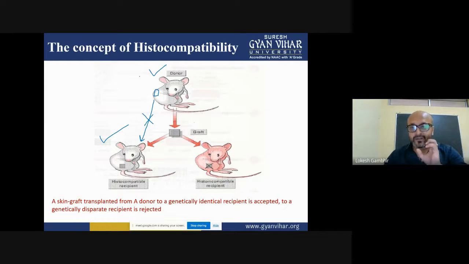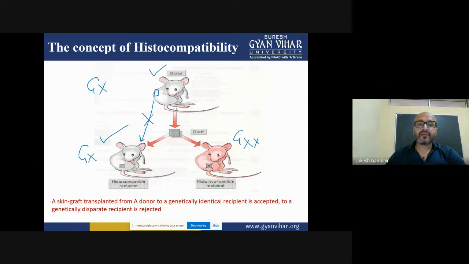So how exactly did the experiment go ahead? The donor suppose has this particular genetic combination. Then they took a recipient which is an exactly identical copy of the genetic combination, and another recipient which is non-identical, with a certain difference.